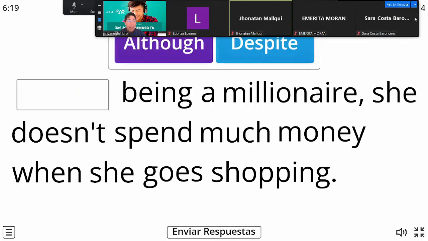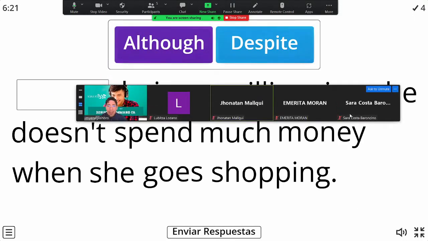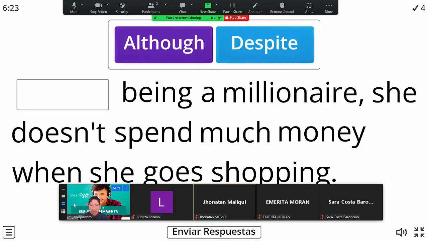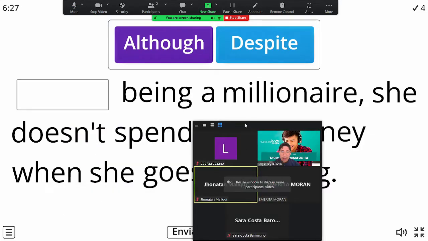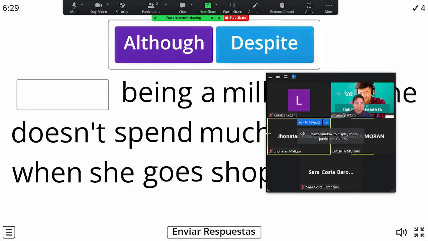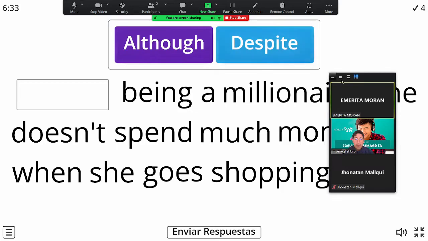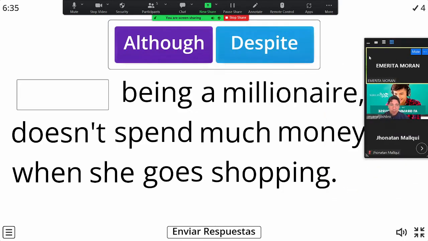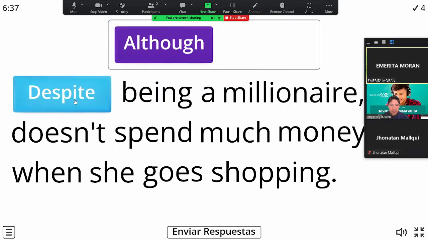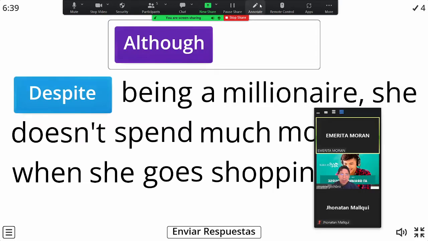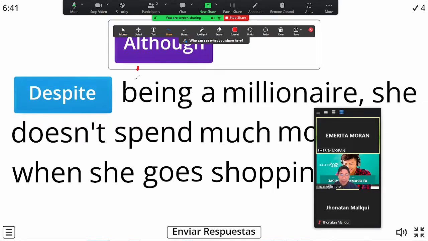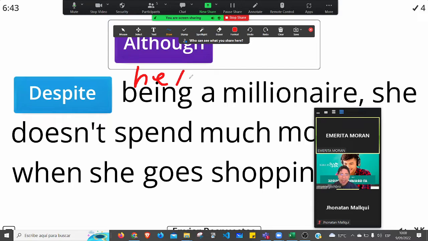Next, we continue with Emerita Moran. Emerita, to you, go on. Despite being a millionaire, she doesn't spend much money when she goes shopping. Yes, te das cuenta que estoy usando el ing porque se refiere a despite he is a millionaire, a pesar de que él es.